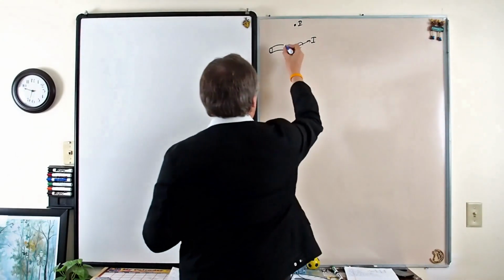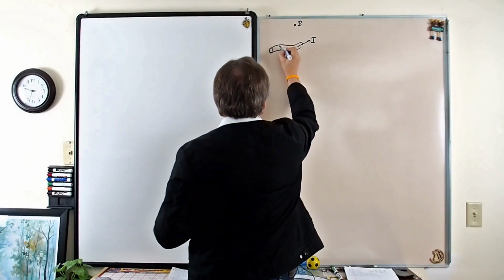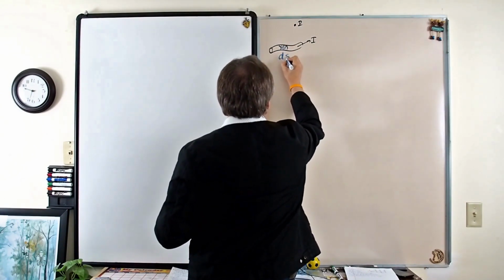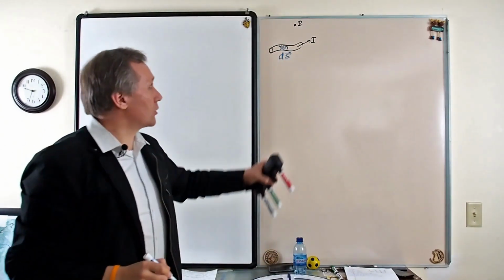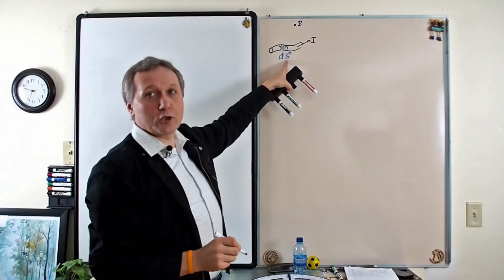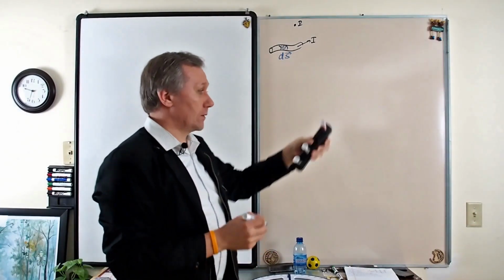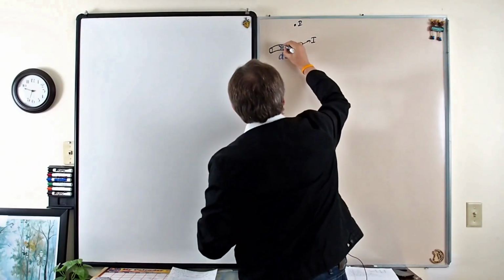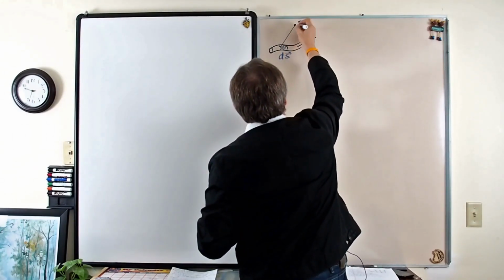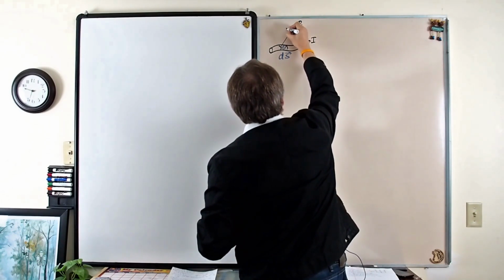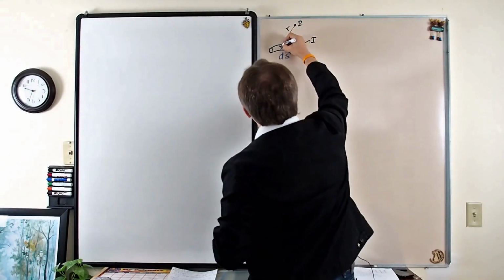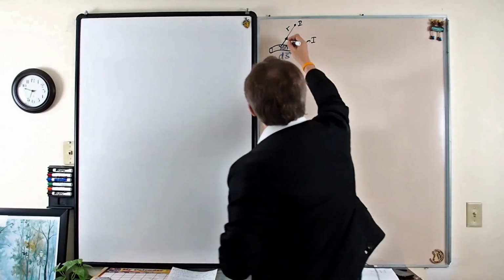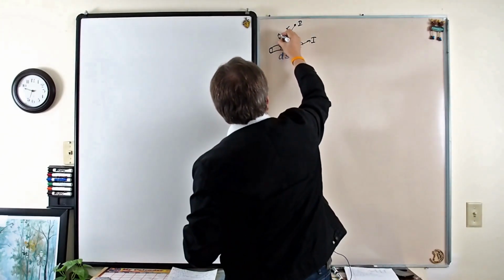We take an infinitesimally small section of this wire, ds, and the direction of this vector is determined by the direction of the current. Then we need to know the distance from this small section to the point P, so that's our R, and in order to make the law look nice in vector form, we need to introduce R hat.